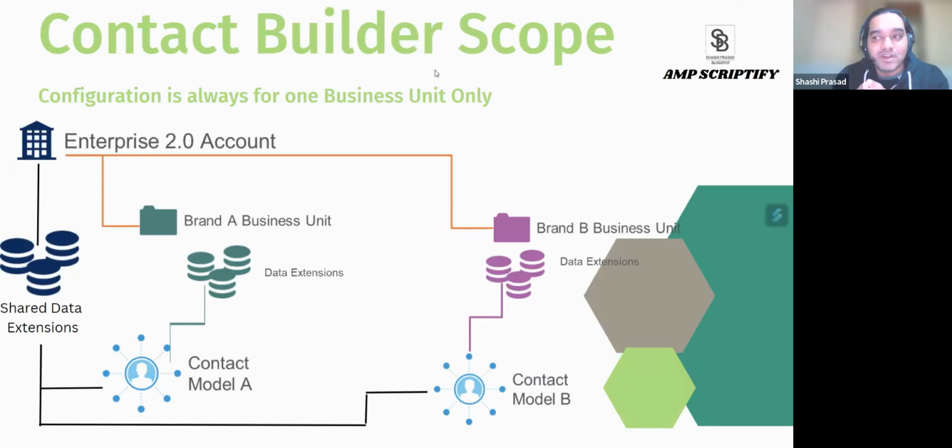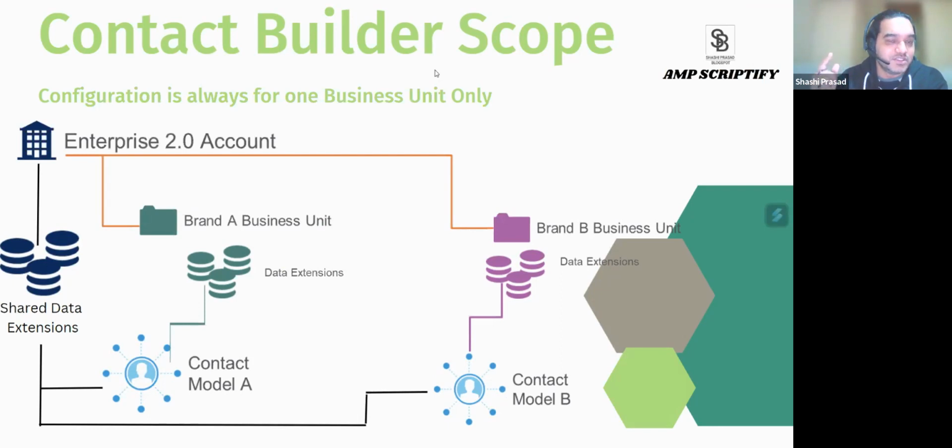Now, once we understand what we are going to do in Contact Builder, how we are representing the data and how we are analyzing the data, the scope of the data comes into the picture. With your Enterprise 2.0 account, you configure Contact Builder at only one business unit.